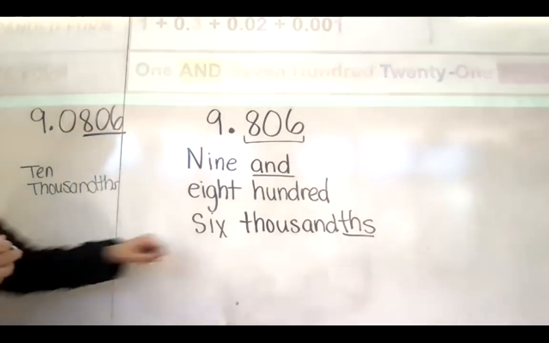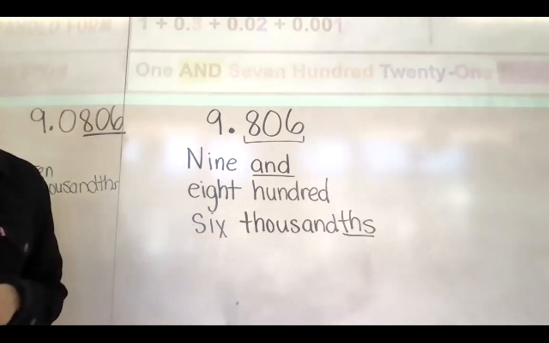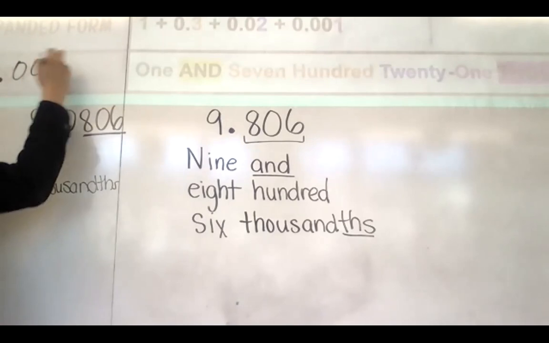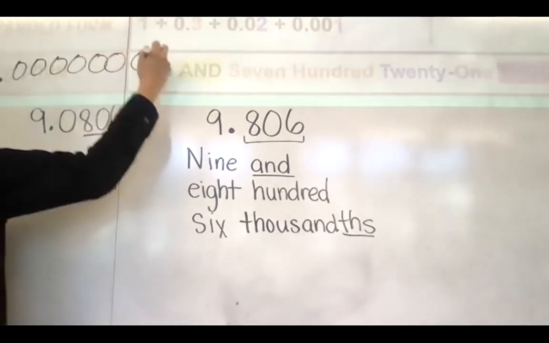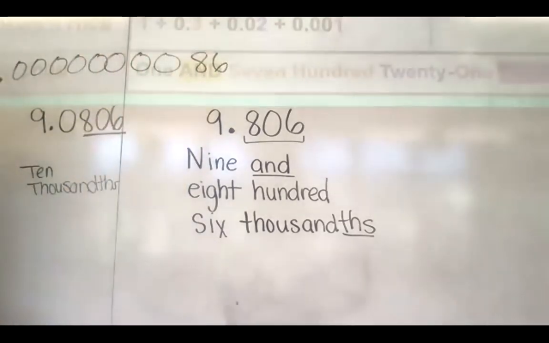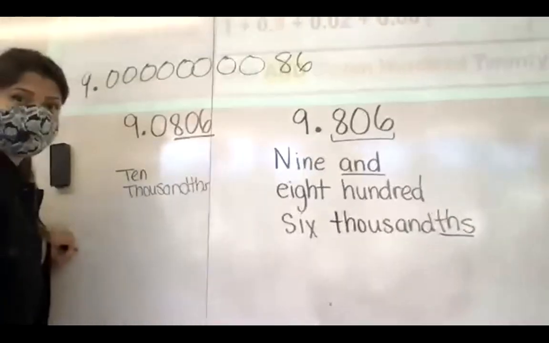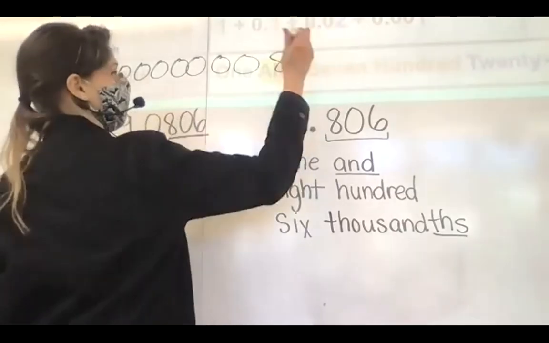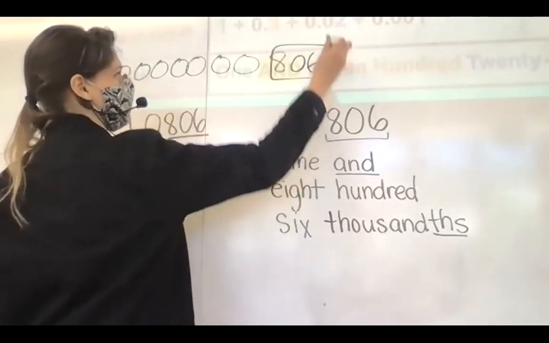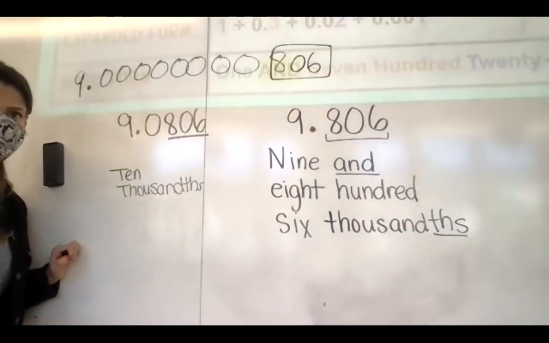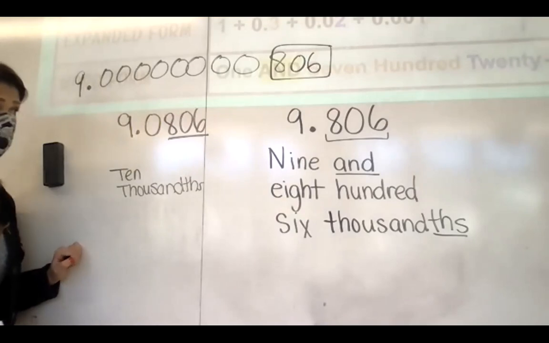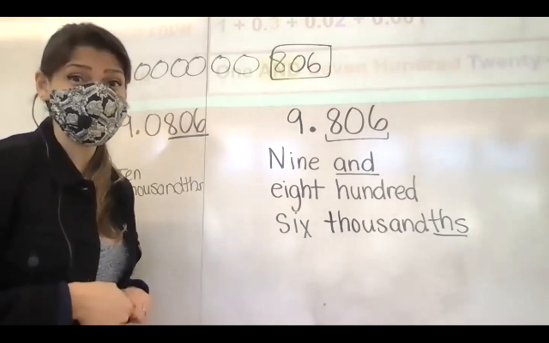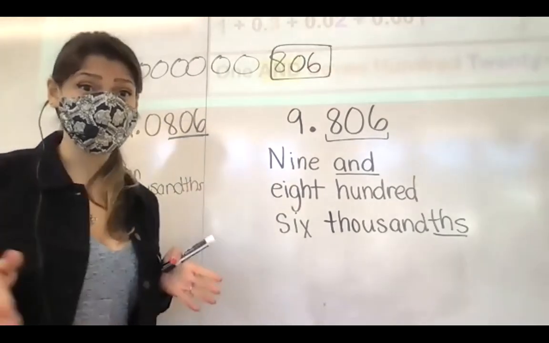If I don't say thousandths, I don't know where that is, because I could have that many zeros after my decimal point. As long as I have 806, I'm still going to say 806 no matter what. But I need to know where I stopped. My decimals could go on forever. Where did that 806 land?